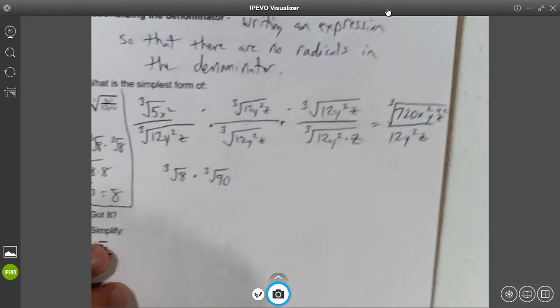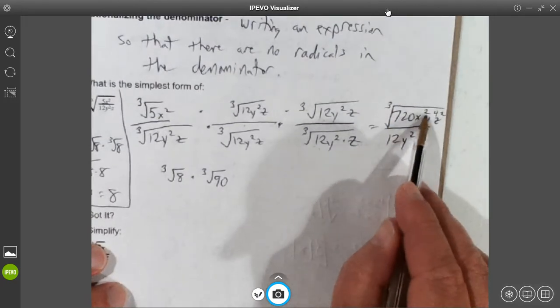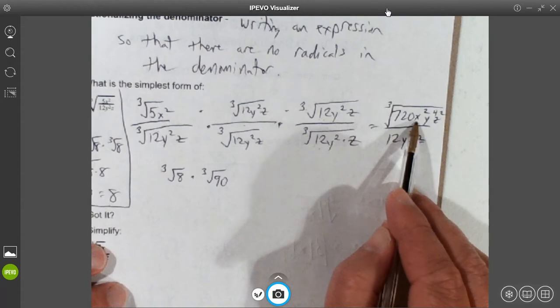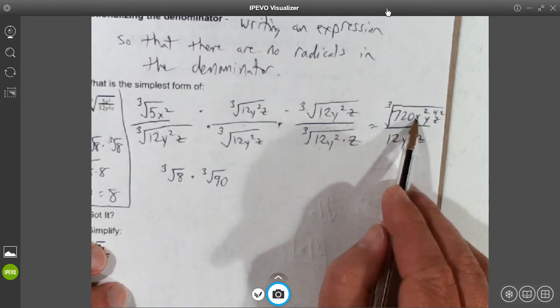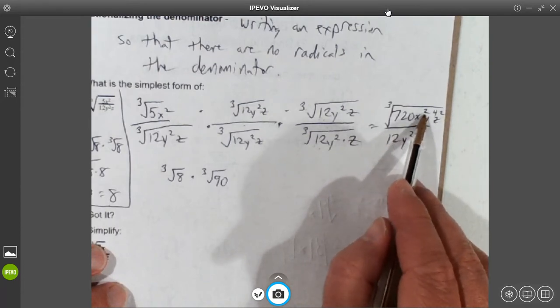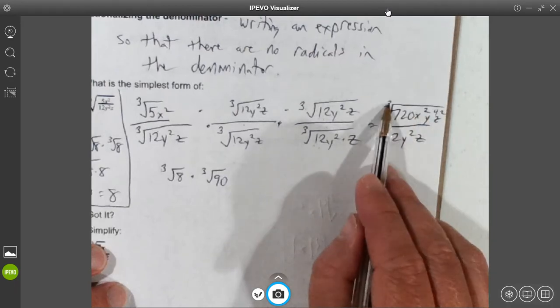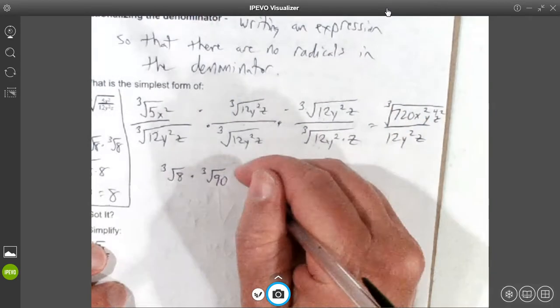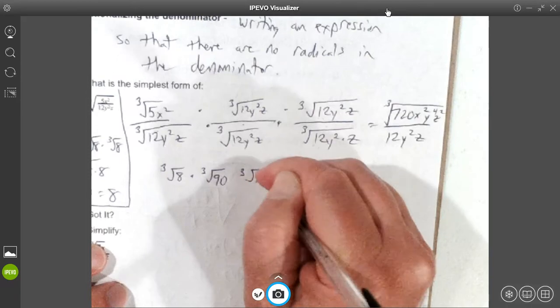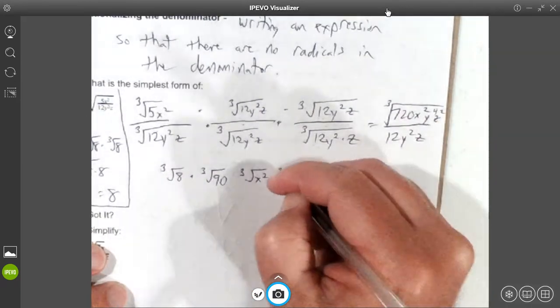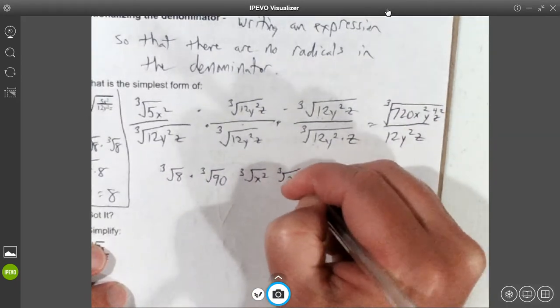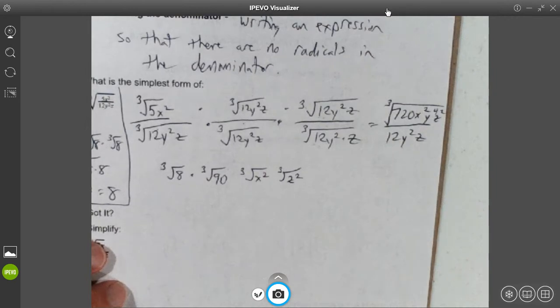Now, what about the cube root of x squared? I really can't do much with that, because if this was a 3, I could do 3 divided by 3, but I really can't do much with the cube root of x squared. And a similar thing, I know I'm doing a little bit out of order, but I really can't do much with the cube root of z squared.